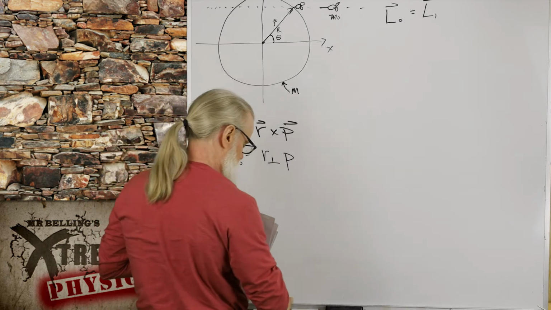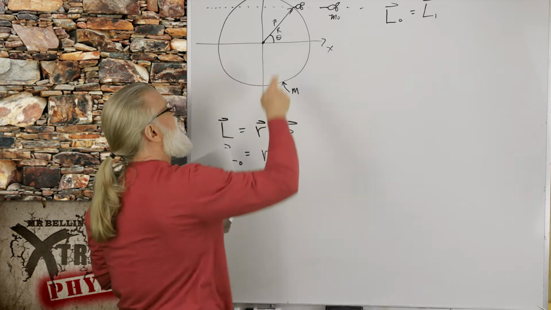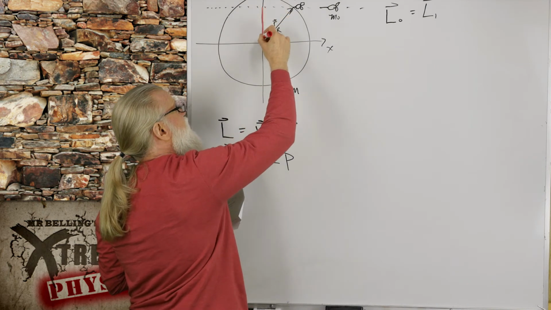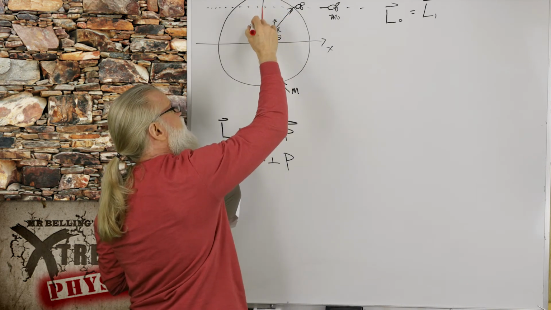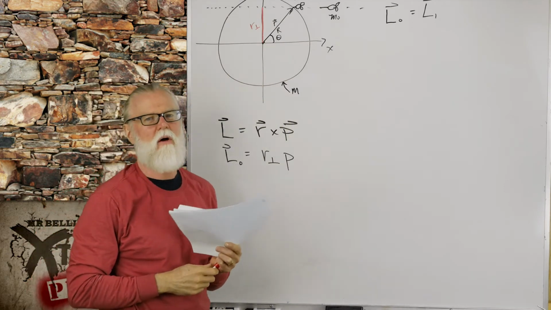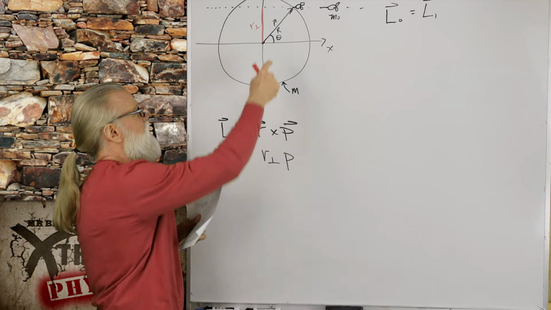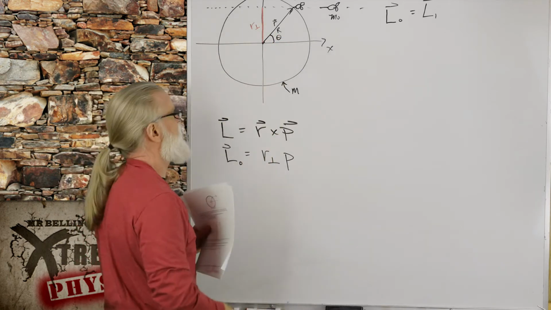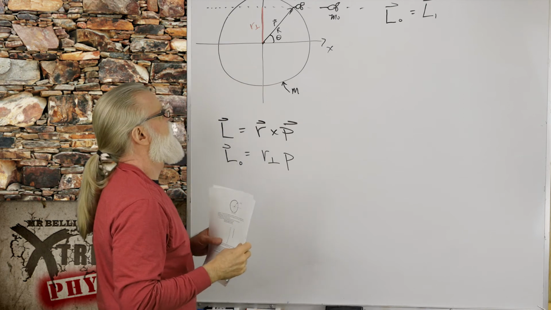And it's real easy to find this right here, which is the moment arm. This is going to be r perpendicular. So we can just take r perpendicular, the moment arm, and multiply it by the momentum to get the magnitude of the angular momentum.